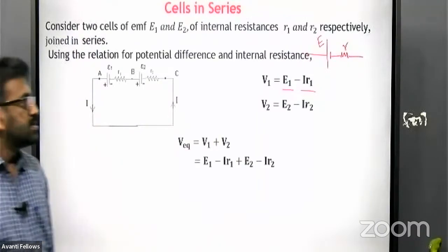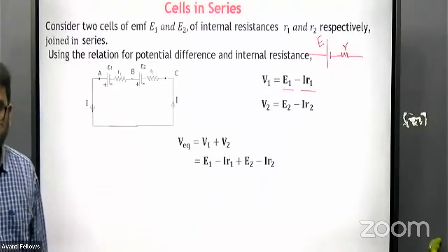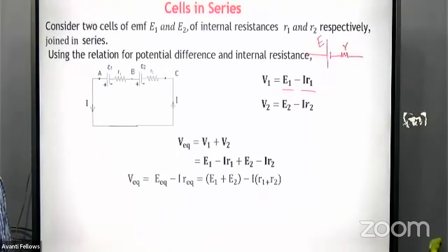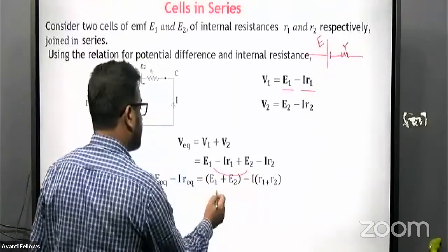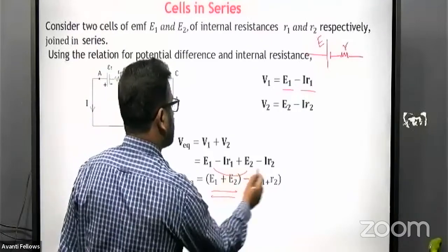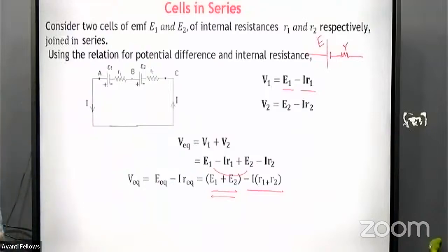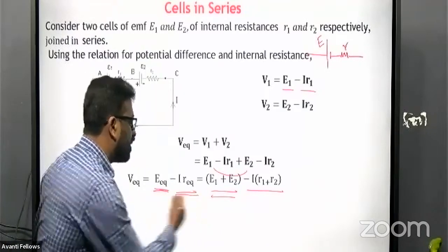Then V equivalent is E1 minus IR1 plus E2 minus IR2. We can combine E1 and E2 and write it as E1 plus E2, and IR1 and IR2 can be combined and written as I into R1 plus R2. So V equivalent equals E equivalent minus I into R equivalent.